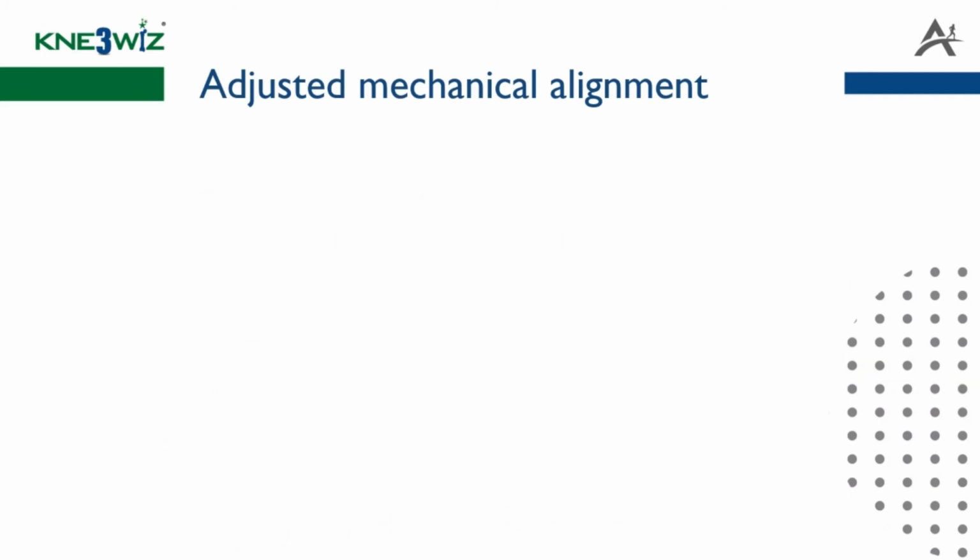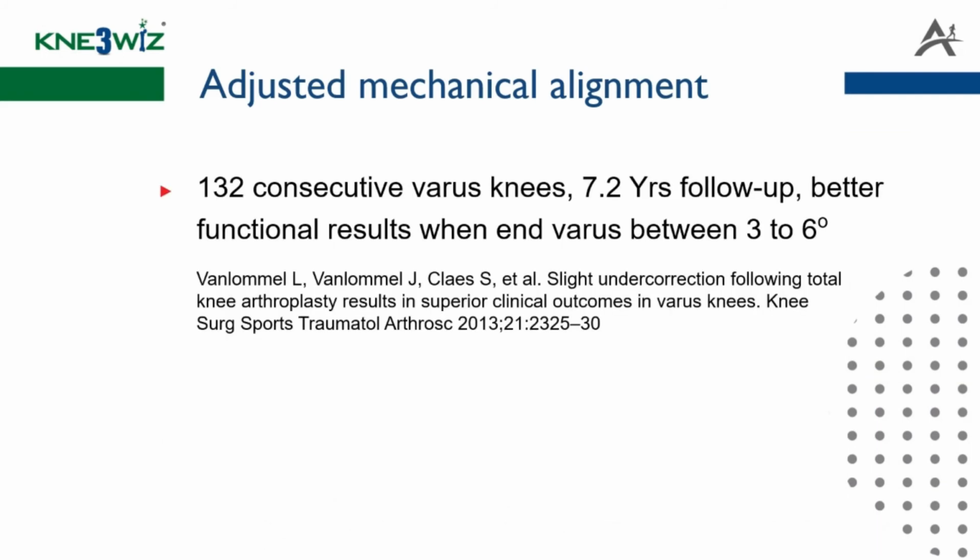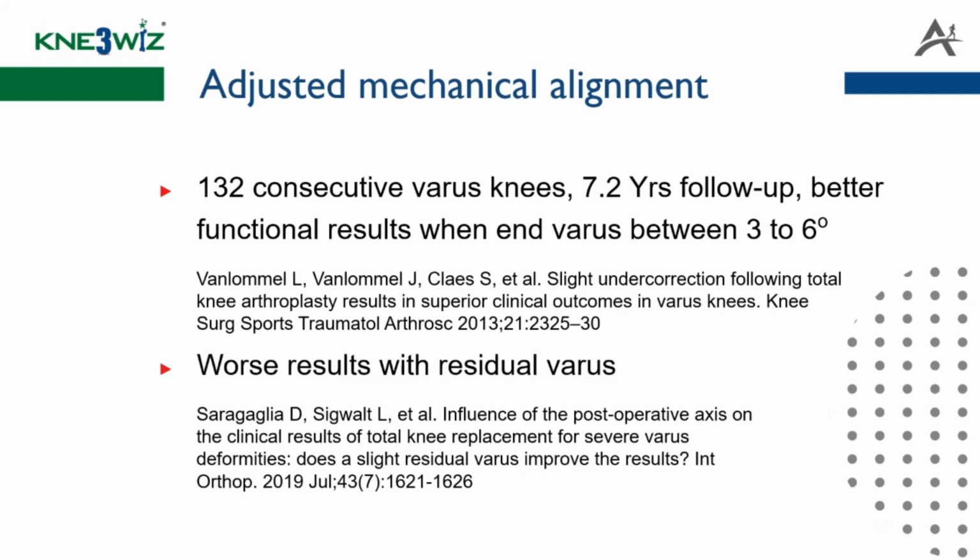There have been reports in favor as well as against this. A study of 132 consecutive varus knees with an average follow-up of 7.2 years had better functional results when the end varus was between 3 to 6 degrees. But another group had contrary findings.